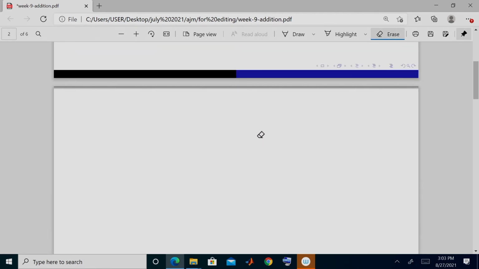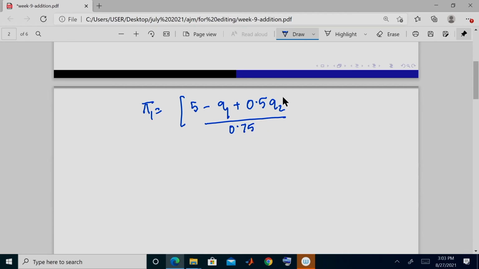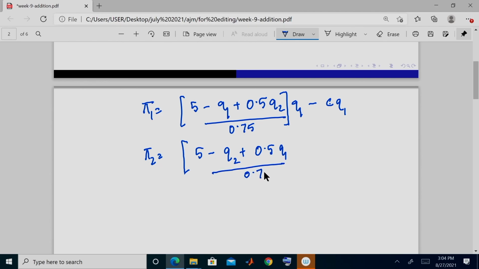In the first problem, we have got the profit function of firm 1 of this nature, and the profit function of firm 2 is this.